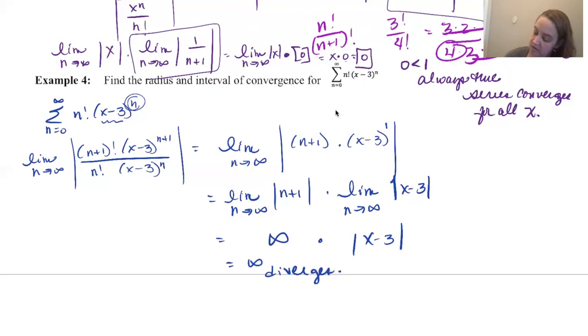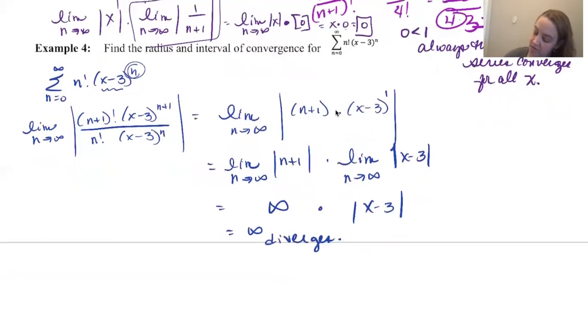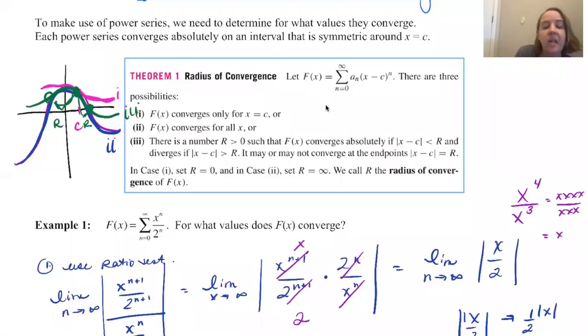So it diverges. It does not converge anywhere. It's centered at 3, but it doesn't converge anywhere. If I scroll back up to the top of our notes and we look at those 3 possibilities for radius of convergence, we have the version where it converges only at one point, x equals c, where it converges for all x, or where we have that specific radius.